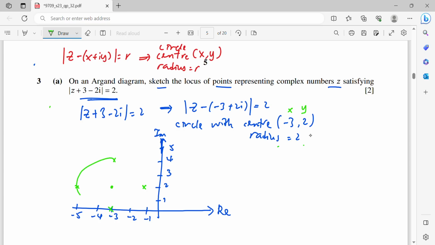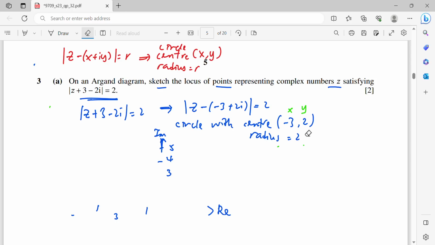Okay, so when I join, for this case, it is better for me to draw the circle first, it will be easier. Maybe I will just draw the circle first without drawing the axis. Then I will adjust my axes. That will be easier for me.